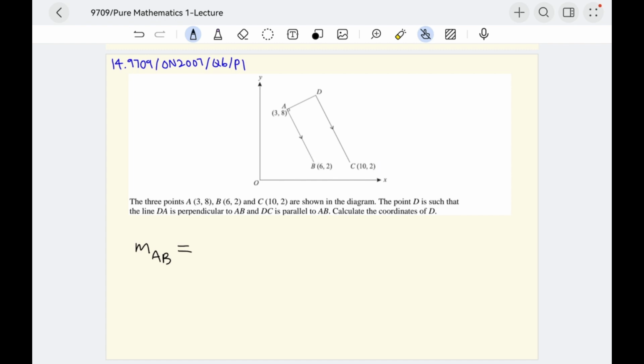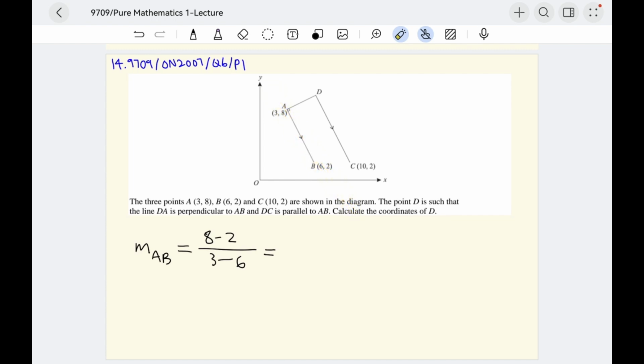So the gradient of AB, which is 8 minus 2 over 3 minus 6, is obviously a negative gradient for the line AB, because its slope goes downwards.